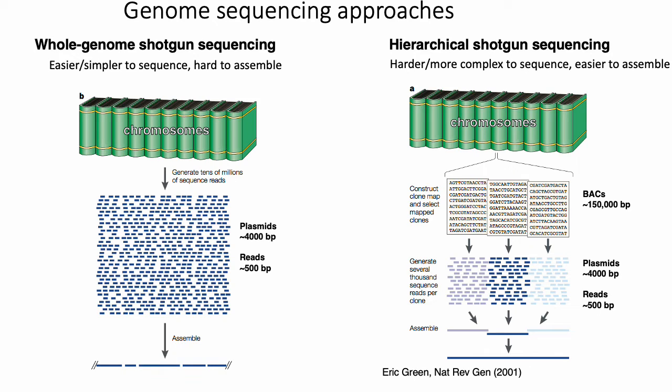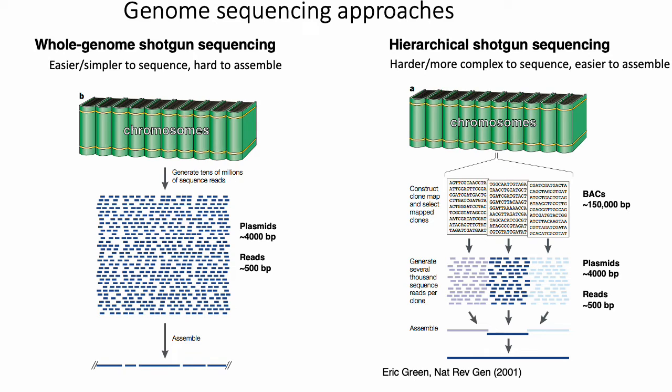On the other hand, an older style approach is what's called the hierarchical shotgun sequencing approach. That approach is a little bit more structured in the sense that you take your original genome sequence and first divide it into larger fragments, like what are called bacterial artificial chromosomes. These larger fragments tend to be on the order of, say, 150 kb to 350 kb.